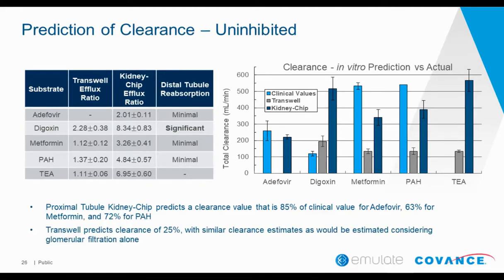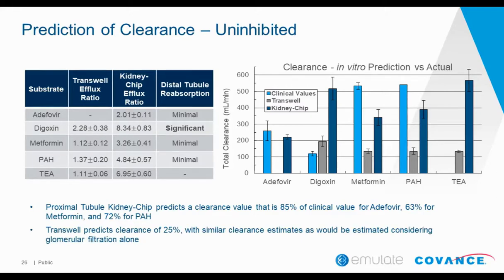So not only are we looking at the kidney chip values, but also comparing that to the transwell values. And what we can see is that in many cases, the proximal tubule kidney chip predicts a clearance value of 85% of the clinical value for Adefovir, 63% for Metformin, and 72% for PHA.